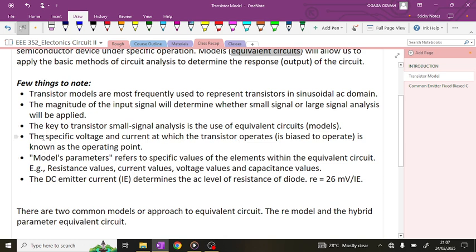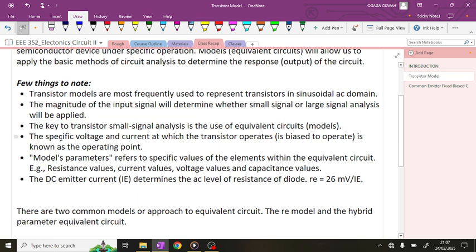Then the next thing to note is that the specific voltage and current at which the transistor is biased to operate is known as the operating point. This is one keyword we have to bear in mind, operating point, which some call the Q point.